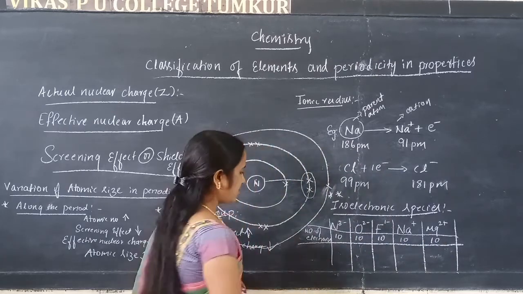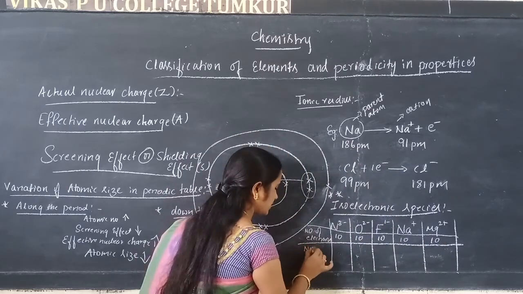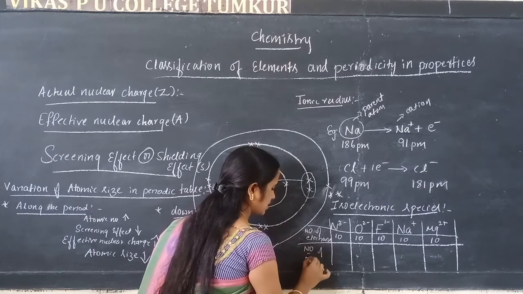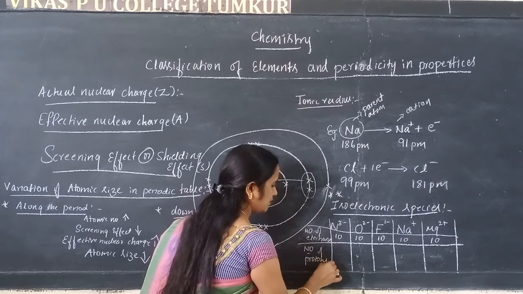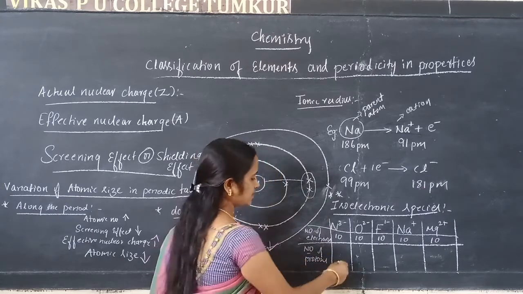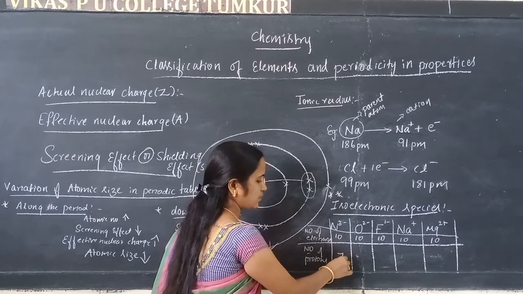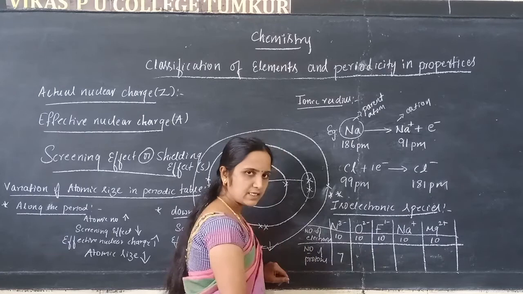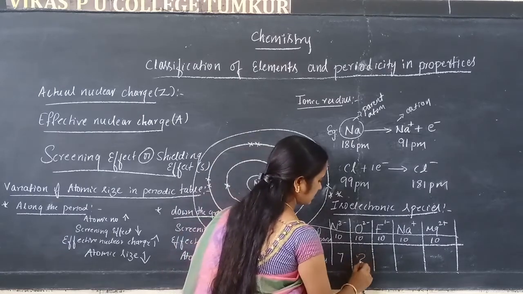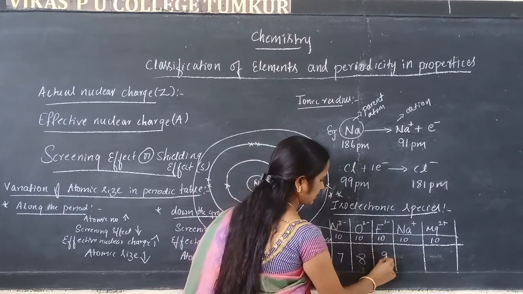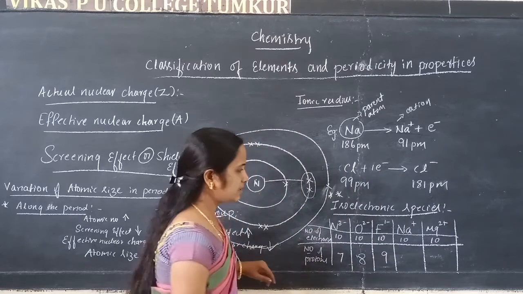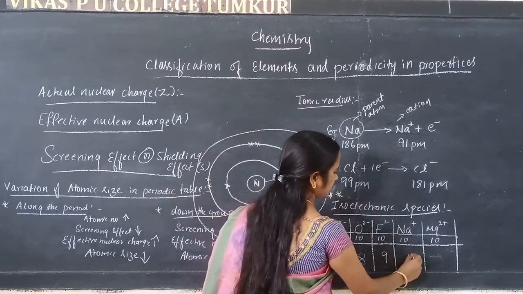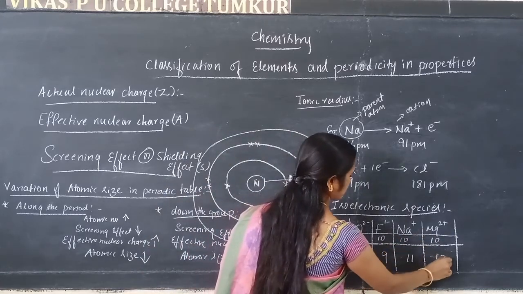But the number of protons varies. Here the number of protons is 7, here 8, here 9, here 11, and here 12.